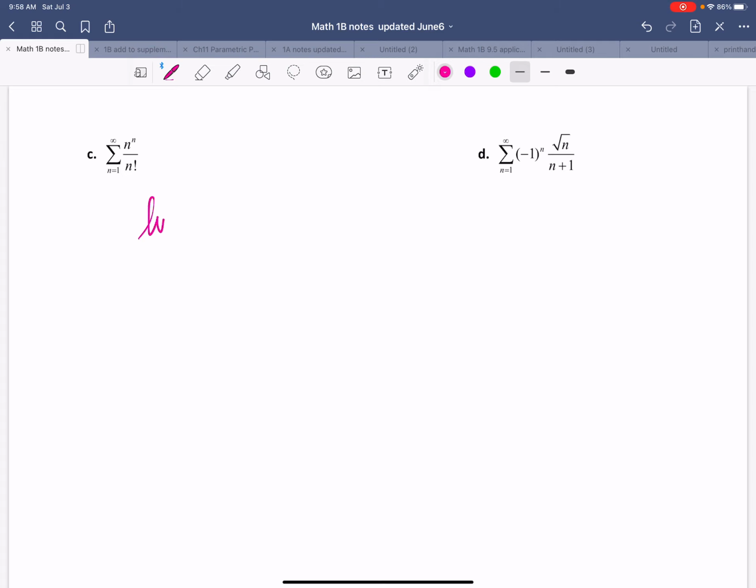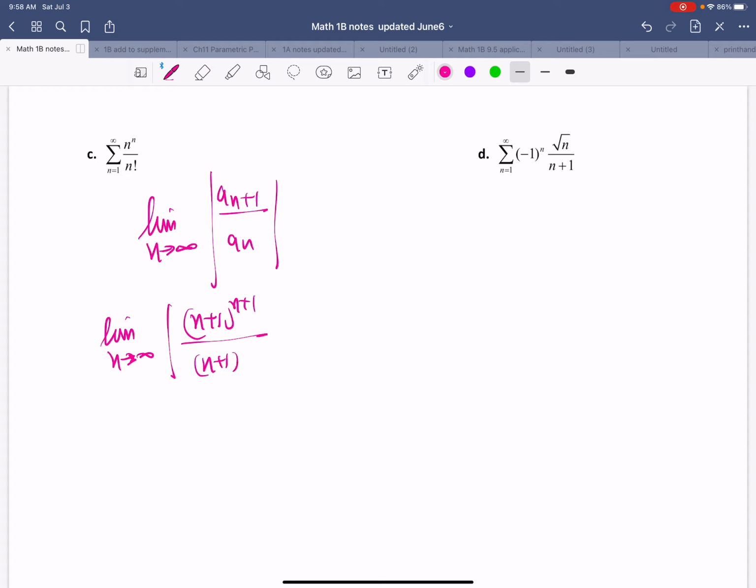So again, the limit as n goes to infinity of the absolute value of a n plus 1 over a n, which is the limit as n goes to infinity of the absolute value of (n plus 1) to the power n plus 1 over (n plus 1) factorial times n factorial over n to the power n.